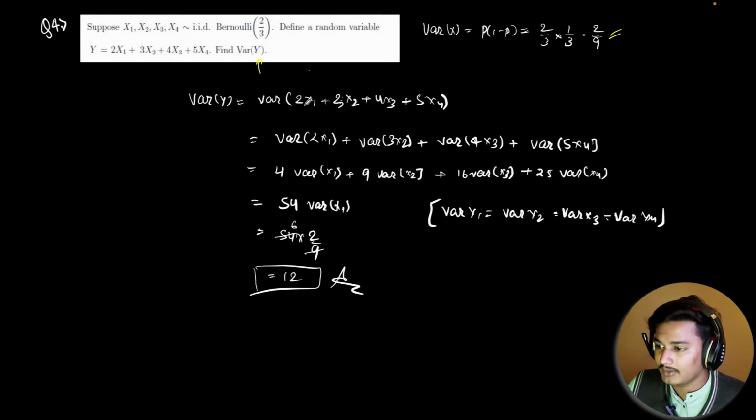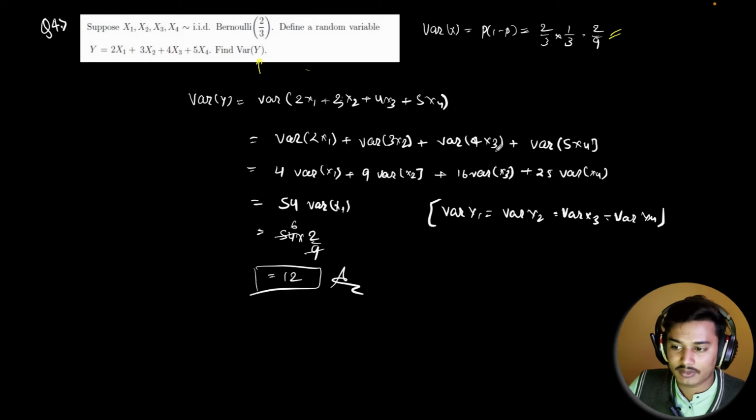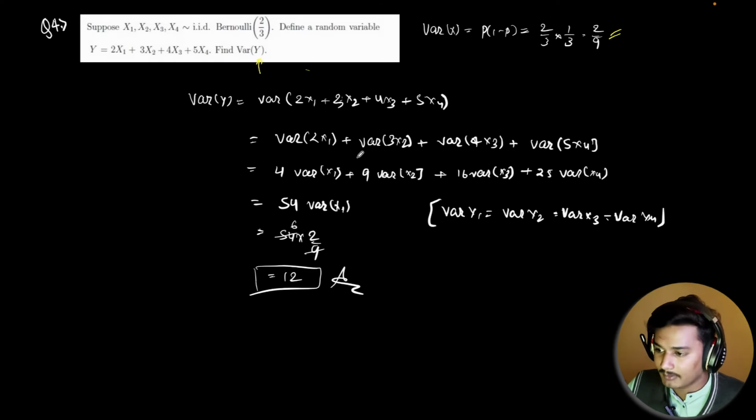Now the variance of y is nothing but the variance of 2x1 plus 3x2 plus 4x3 plus 5x4. Okay, and when we take individual variances, as they are IID, right? So it will be the variance of 2x1 plus the variance of 3x2 plus the variance of 4x3 and plus the variance of 5x4, right? And when we take the constant out, it will come out with the square, right?